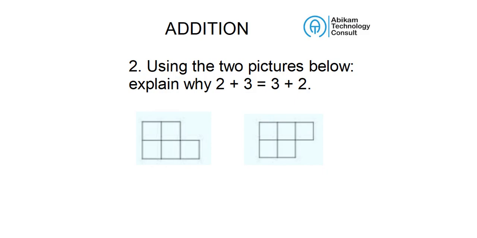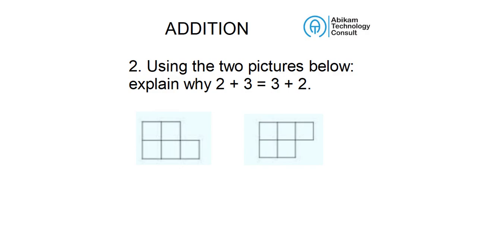Come to the right hand side. We also see we have 3 squares above and 2 squares below. So when you count them together, we have 5 squares. But what has really changed? Do you know what has changed between the two pictures?